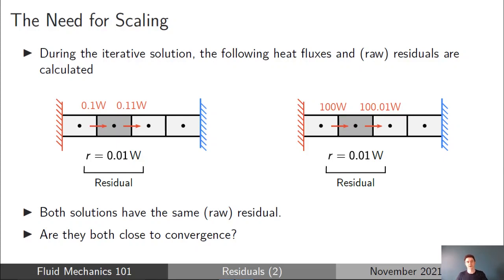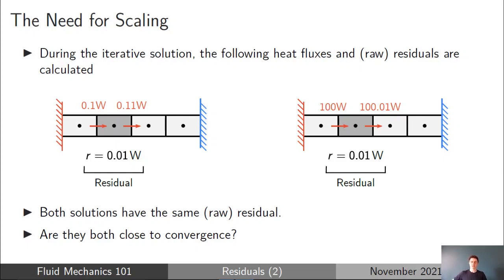Now, if we just flick over and look at the case on the right, we do exactly the same thing again, but in this case, for example, we've got 100 watts coming through the left face of the cell, and we've got 100.01 watts coming out of the right face of the cell. Now again, the difference between those two fluxes gives us the energy imbalance, which is the residual for that particular cell, and in this case we also find that the residual is 0.01 watts.